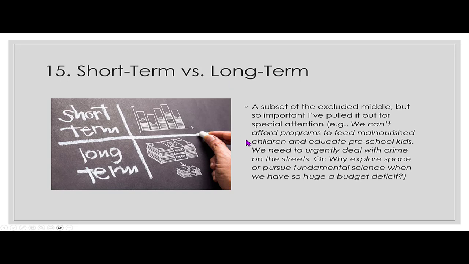We can't afford programs to feed malnourished children and educate preschool kids. We need to urgently deal with crime on the streets. Or why explore space or pursue fundamental science when we have such a huge budget deficit? Right? So the short term is outweighing the long-term benefits of the investment in this case.